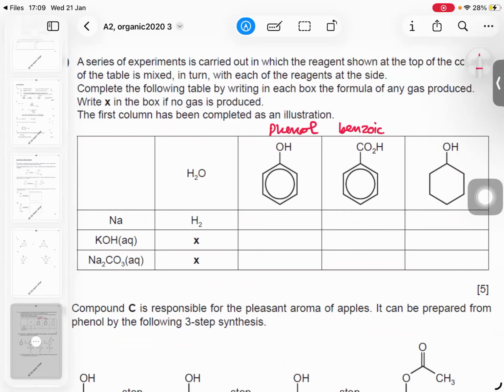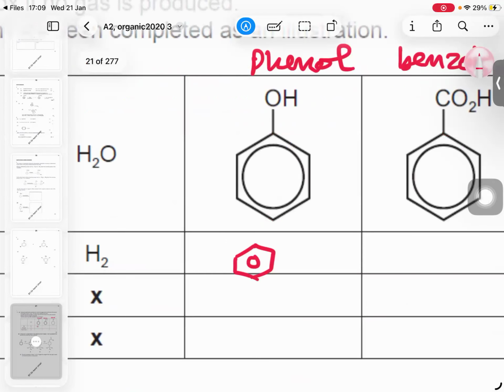And the third one is an alcohol, cyclohexanol, the secondary alcohol. Sodium metal reacts with all three: with phenol, with the carboxylic acid, with the OH. When they react with the phenol, for example, they form sodium phenoxide like this. I changed the question a bit.